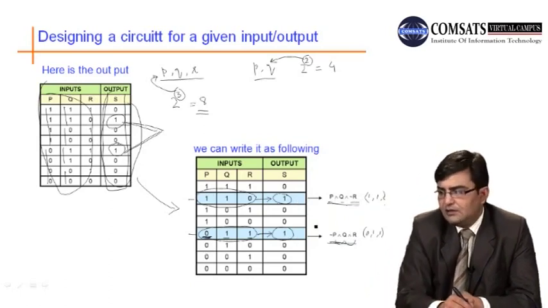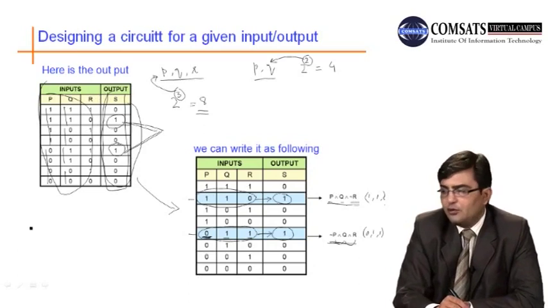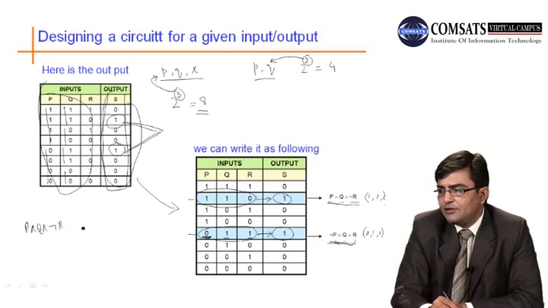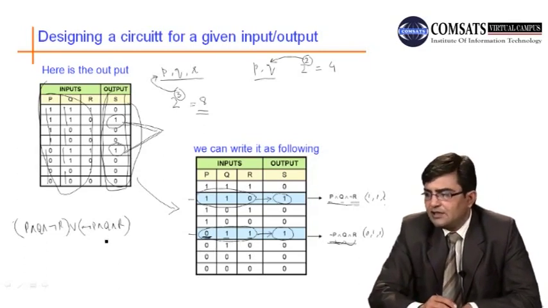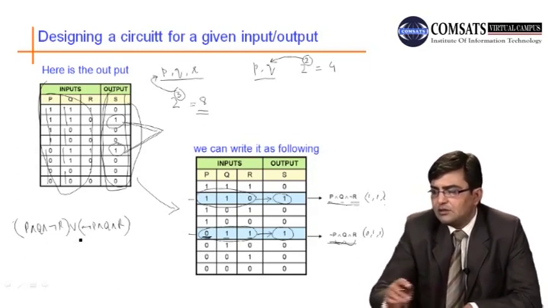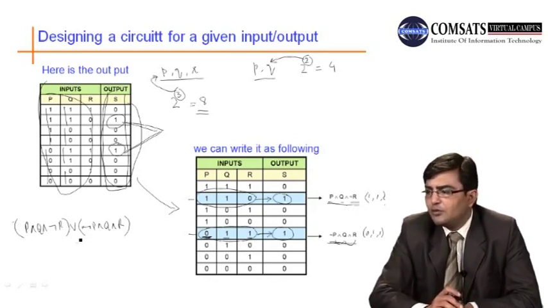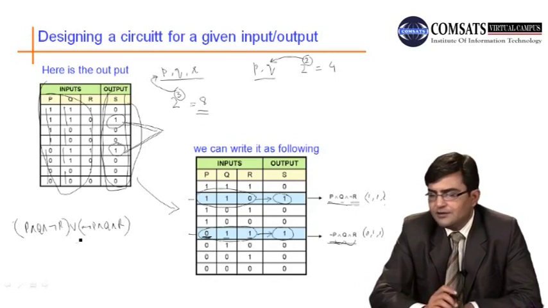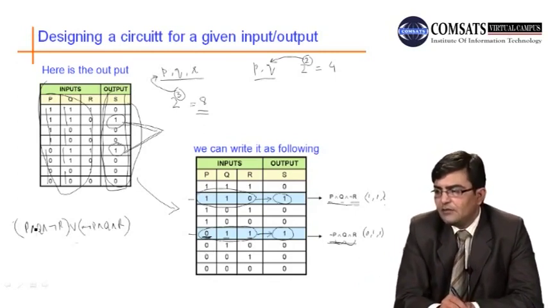We write the first input, P and Q and not R, and the second input, not P and Q and R, and we connect them using the disjunction operator. So this is basically the logical form corresponding to the given inputs and outputs in the given truth table. This is the logical expression.